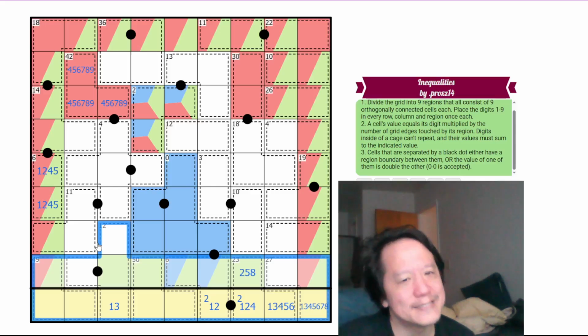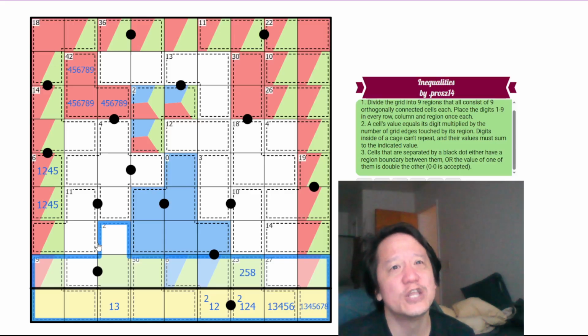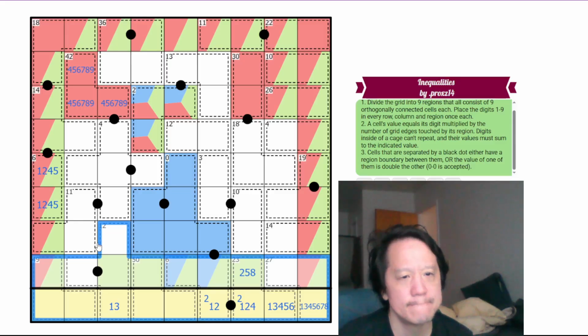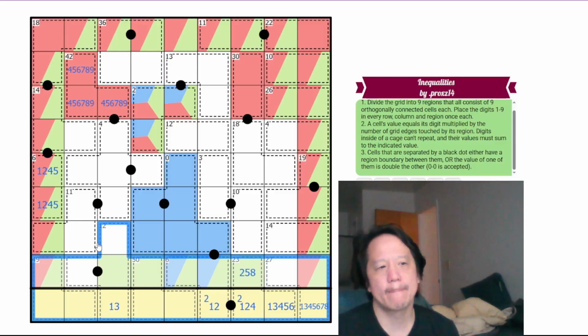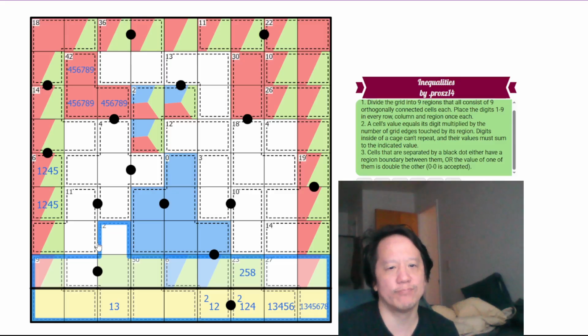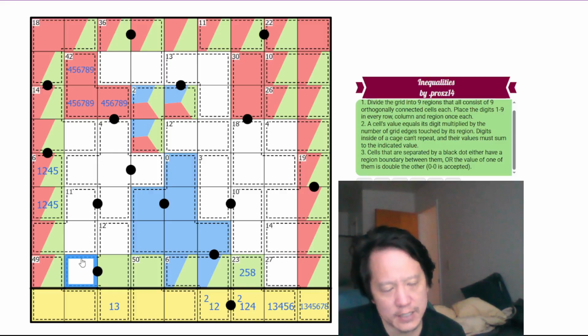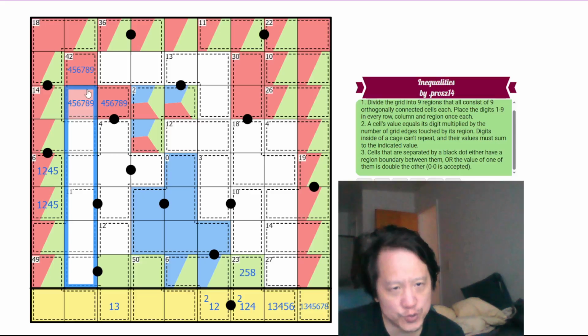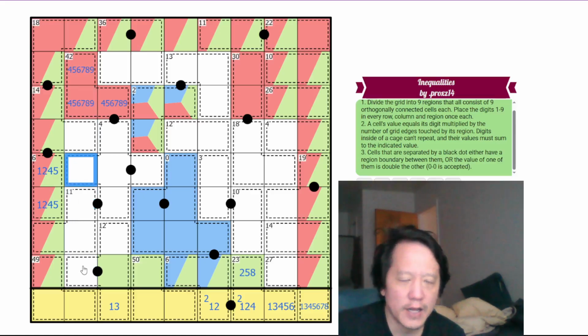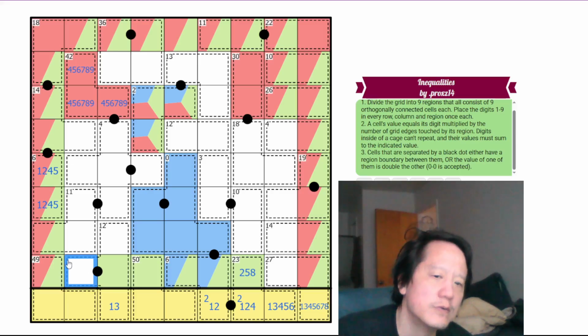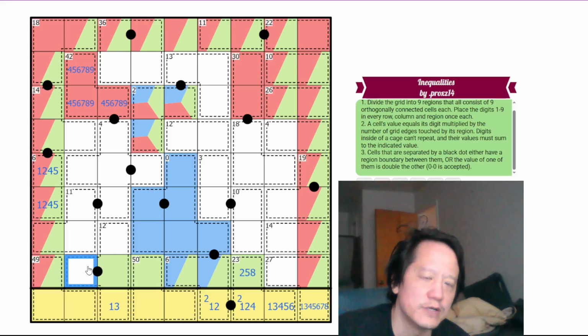So we're missing at least 13 in this row. Hmm. Well, we could be missing technically a digit here or a digit here. That would be very strange. Actually, can we have a blue there? I don't think so, right?